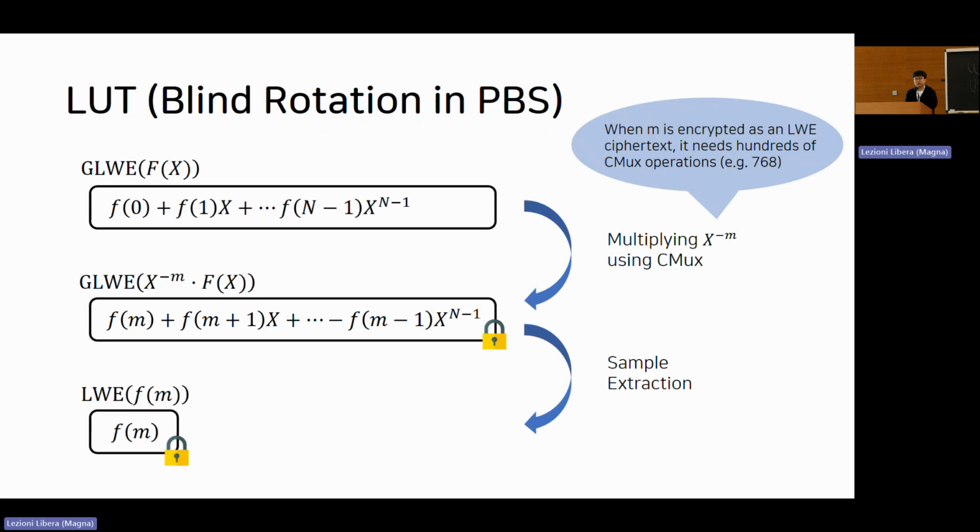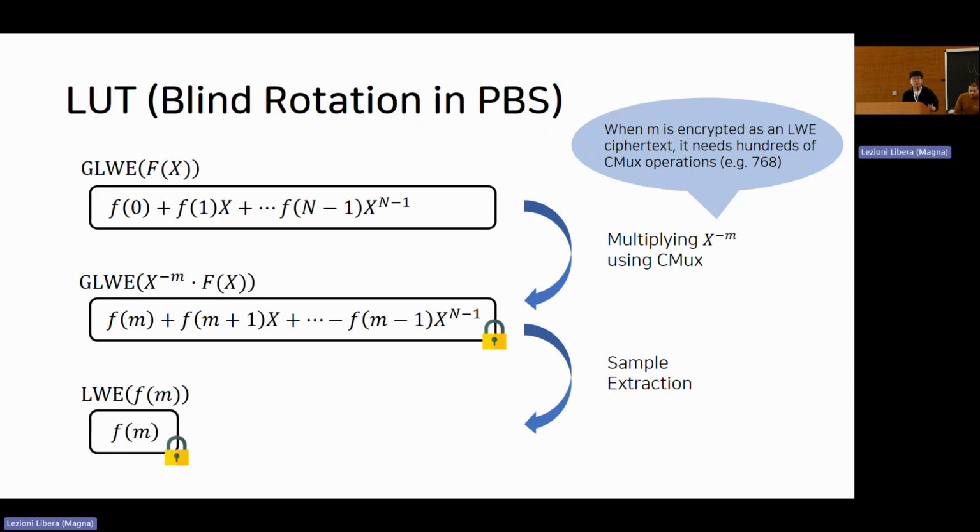This is the basic idea of evaluating an LUT operation inside the TFHE scheme. The table we want to evaluate, denoted small f(x), is encoded into a polynomial and encrypted as a GLWE ciphertext. What we want to do here is move the value we want, denoted f(m), into the constant coefficient of the GLWE ciphertext. To do so, we multiply X to the minus m to the GLWE ciphertext.